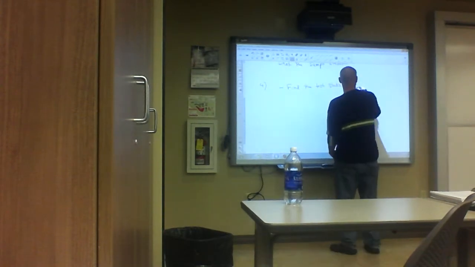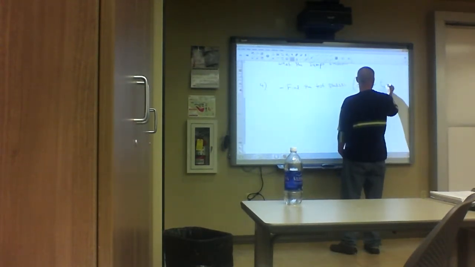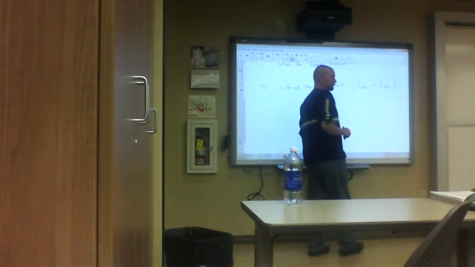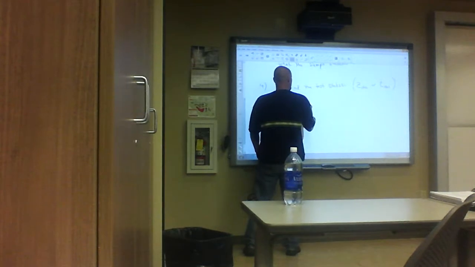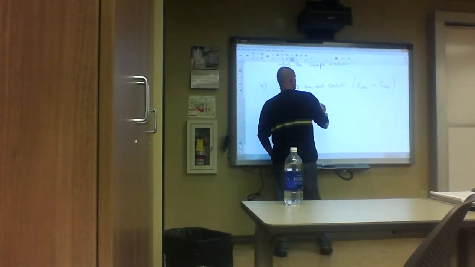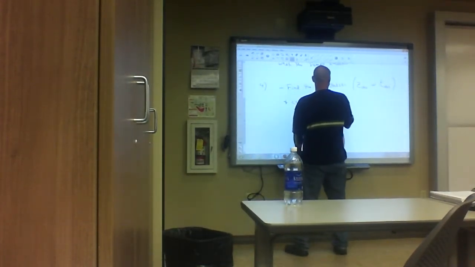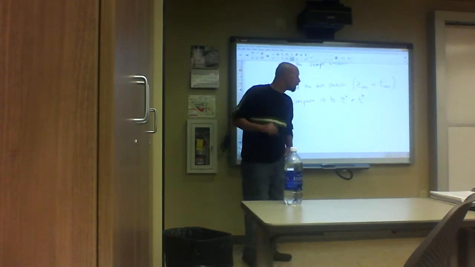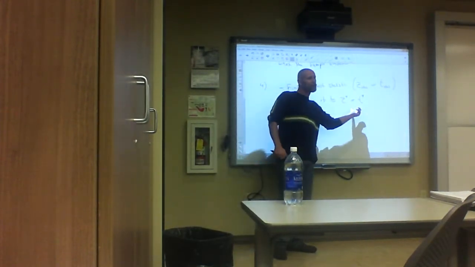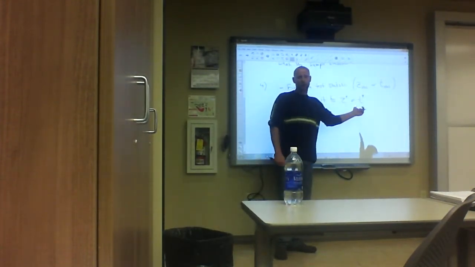Yes, this is your z observed or your t observed at this level. And compare it to z star or t star. So if we don't have a z star or a t star, we can't do this step.